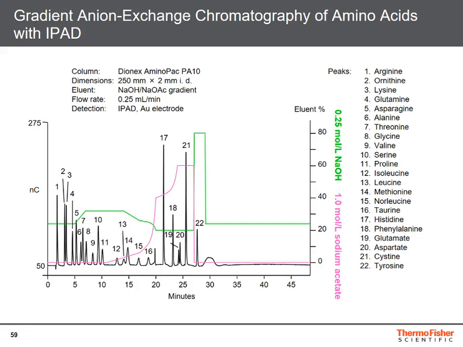The separation is usually started with a pure hydroxide eluent to get the resolution in the front part of the chromatogram, and then we overlay a sodium acetate concentration gradient because aromatic amino acids are very strongly retained and cannot be eluted with pure sodium hydroxide.